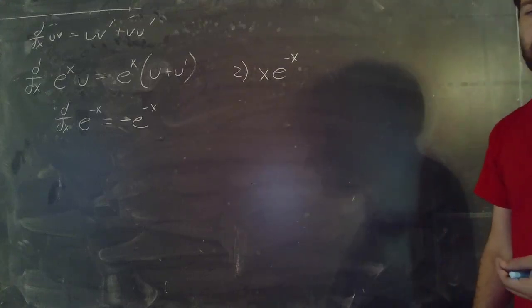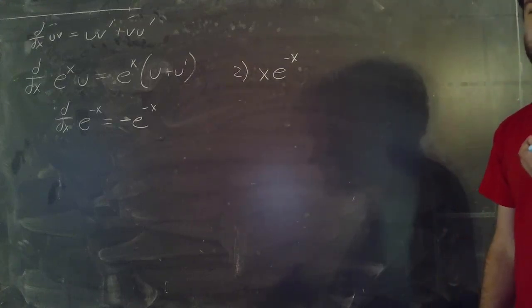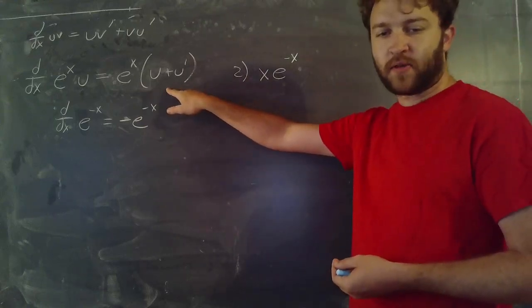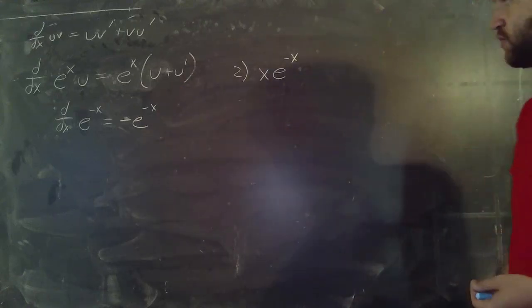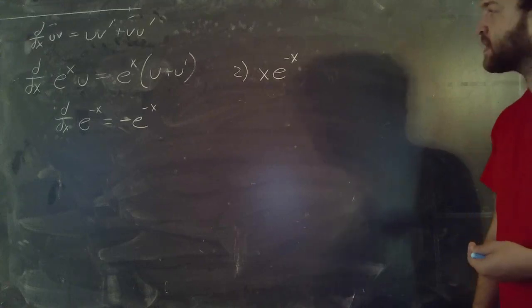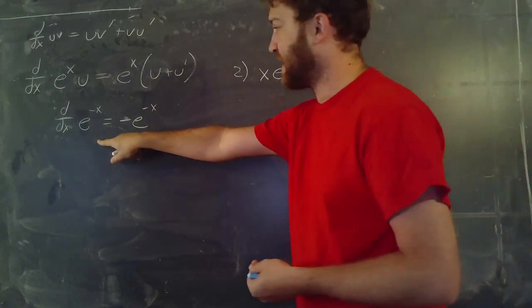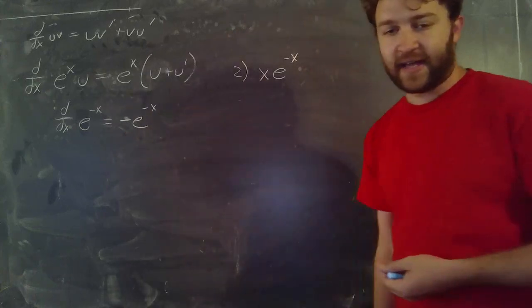But just notice with this sort of thing, this is not just e to the x times some polynomial, so we're not going to use our simplified formula, although we can derive another simplified formula when we have this sort of case here. In this case, we're just going to apply the power rule, knowing that the derivative of e to the negative x is negative e to the power negative x.